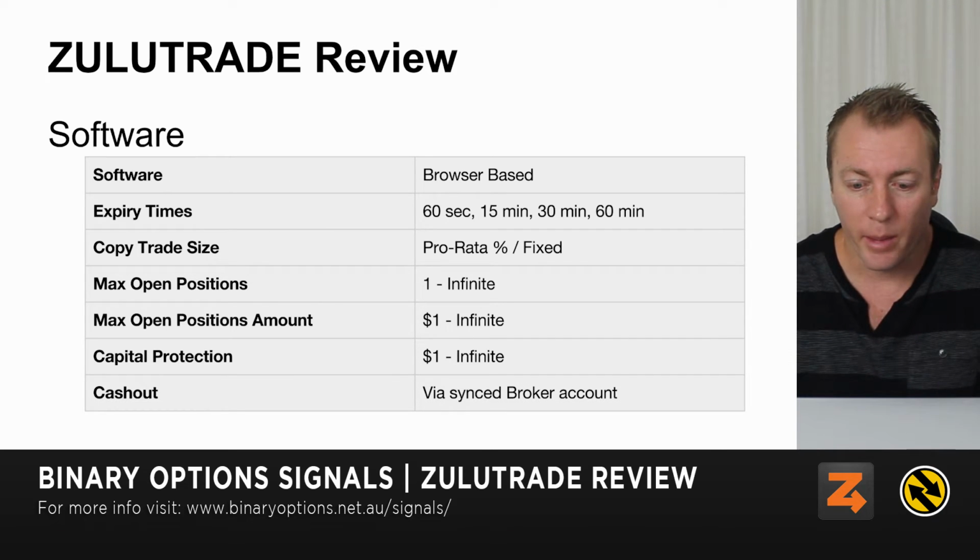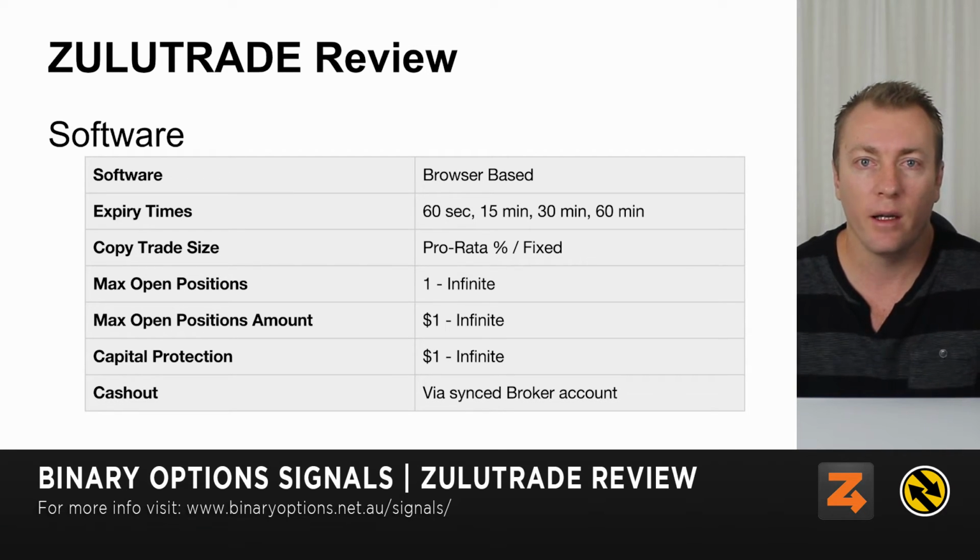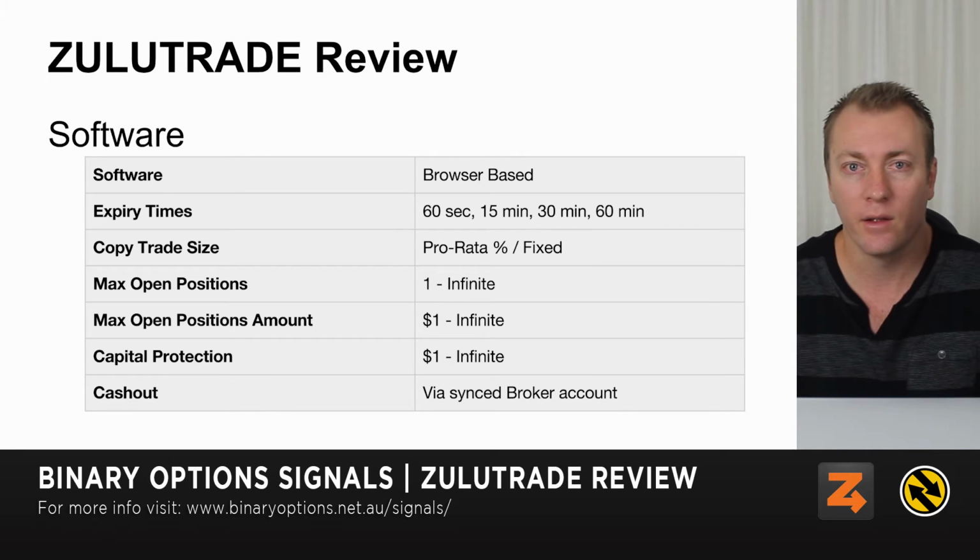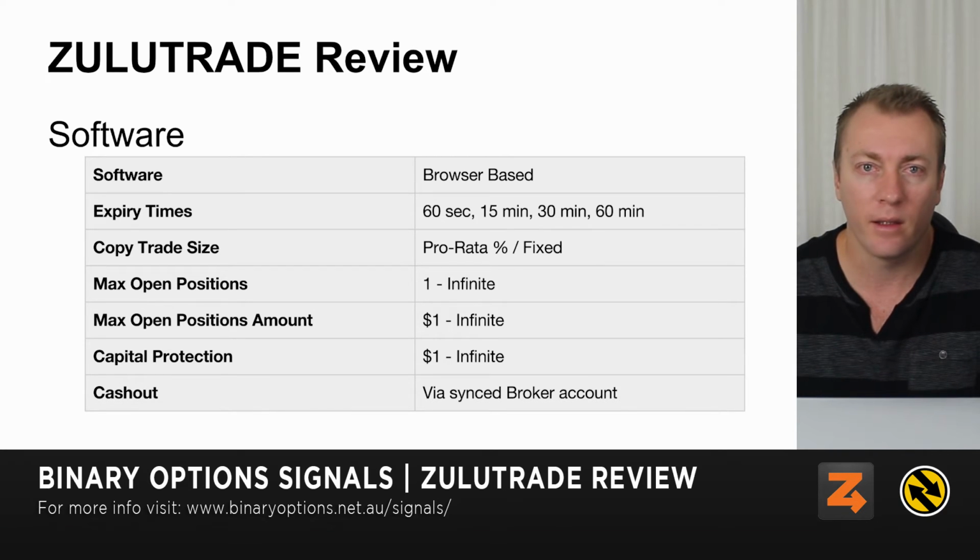So the software is browser based. You're going to be following all expiry times. So it's whatever the trader chooses to do, whether it's 60 seconds, 300 seconds, 15 minutes, 1 hour, you're going to be trading them. So that probably doesn't really concern you, because you're just simply copying their trades.